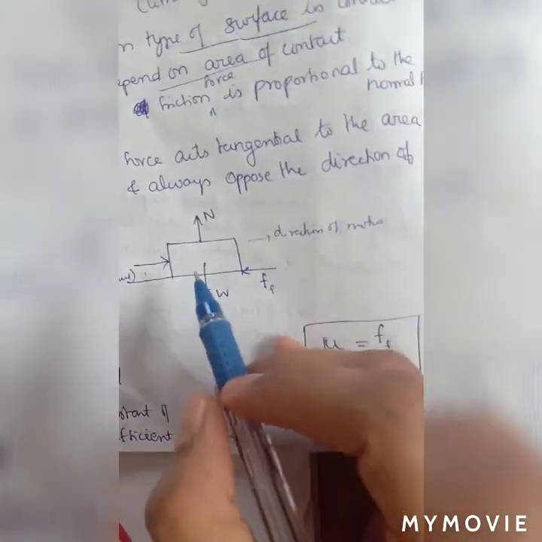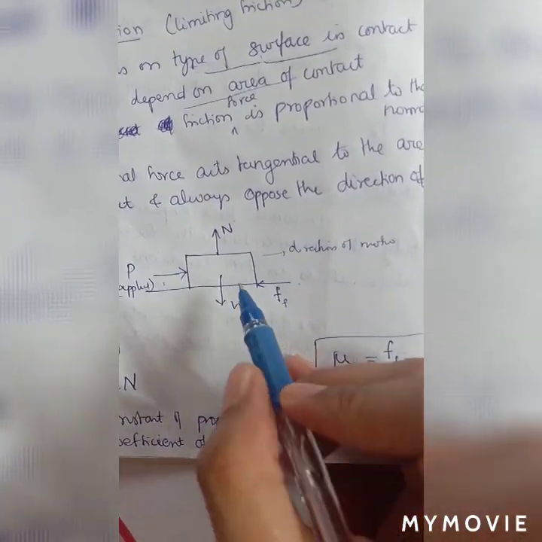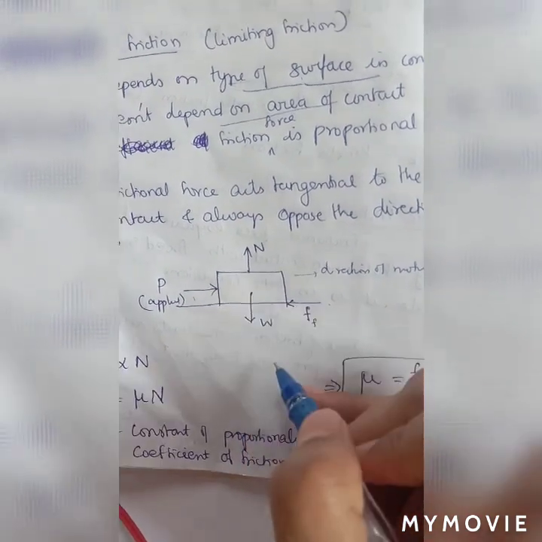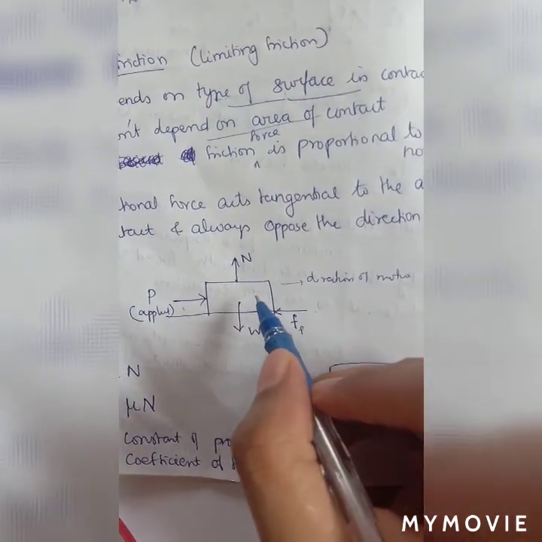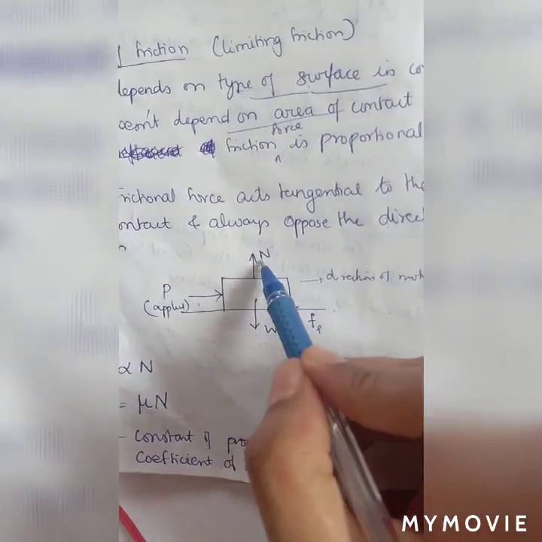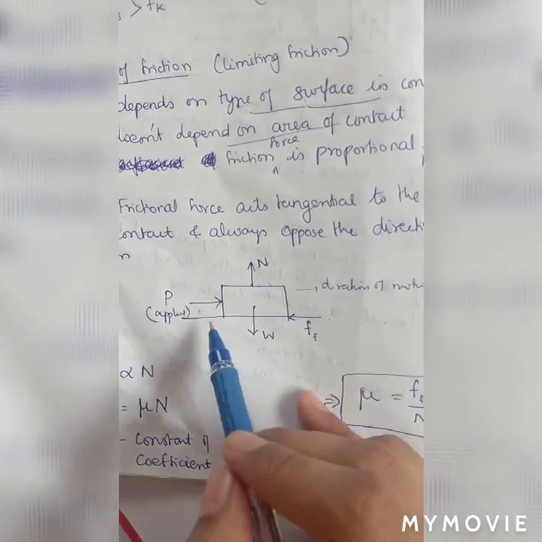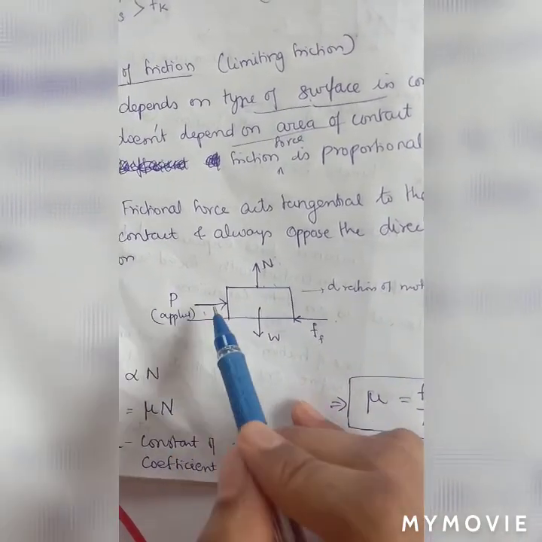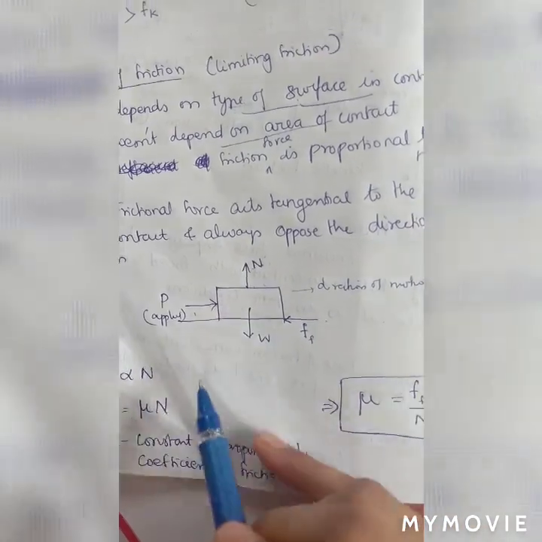See in this diagram, you will have a body with the weight called W, acting downward. An equal and opposite magnitude of normal force will be acting in this direction, called normal N, and an applied force called P is applied over the object.